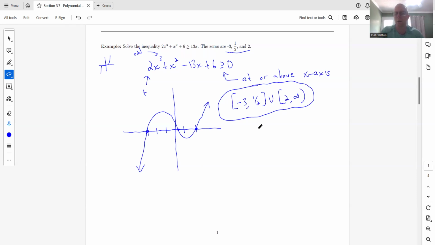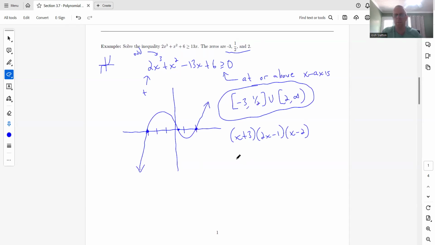And this something else, if we write this in the factored form using the zeros, would be x plus 3, 2x minus 1, and x minus 2. So that would be the factored form of this. And then what you could do is pick numbers that are between each of these or outside each of those.